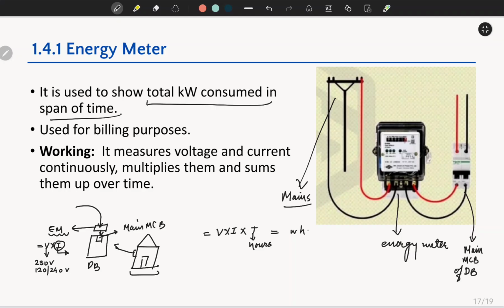It gives us the reading of watt hour. But as this reading will be in a large quantity, this voltage multiplied by current is converted firstly into kilowatts, and then it is calculated over a duration of hours, and we get the unit of kilowatt hour.